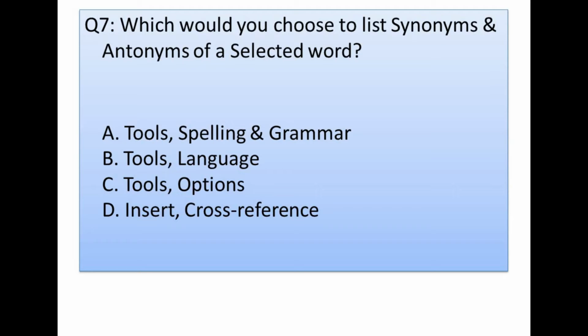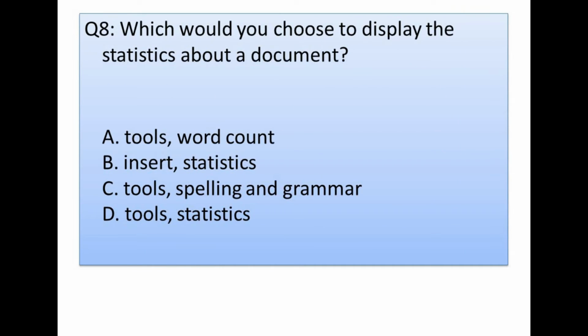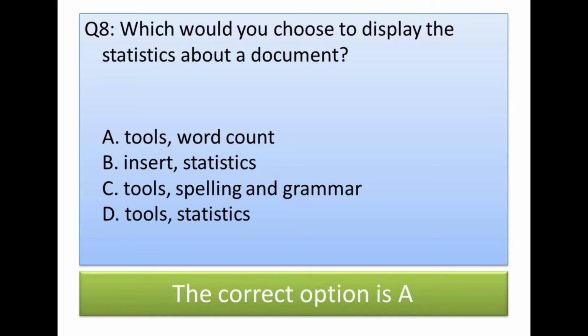Tools, Spelling and Grammar, Tools, Language, Tools, Options, Insert, Cross-reference. So the correct option is B. Which would you choose to display the statistics about a document? Tools, Word Count, Insert, Statistics, Tools, Spelling and Grammar, Tools, Statistics. So the correct option is A.